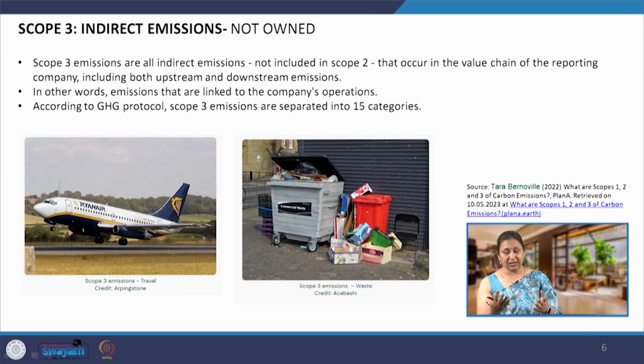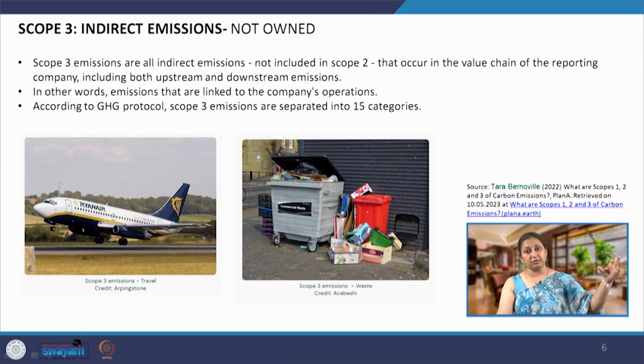For example, say a garment factory or maybe a food processing factory. Here in my factory I might be processing food, for example making bread. The raw material for that bread is wheat flour, which is coming from somewhere. It might be milk, or oil, which is coming from somewhere.